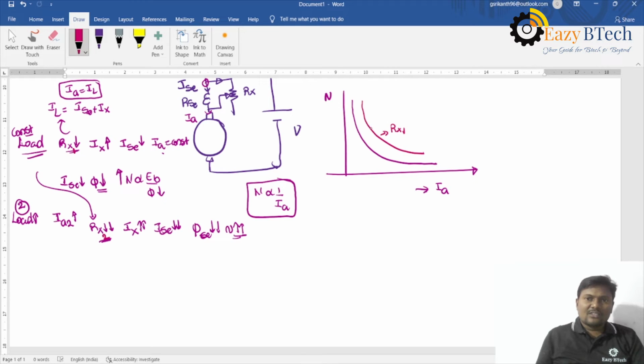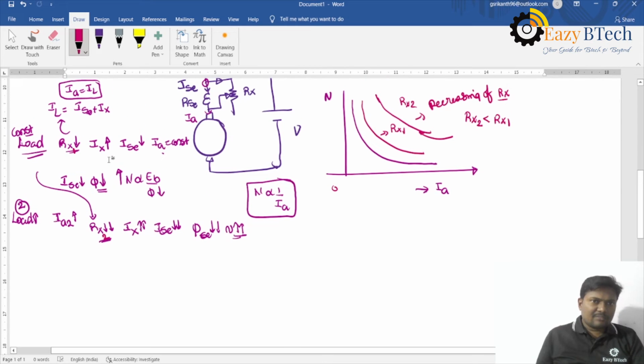With Rx1 the speed versus Ia characteristic is like this, and with Rx2 the characteristic is like this, and Rx2 is less than Rx1. So, decreasing of Rx.